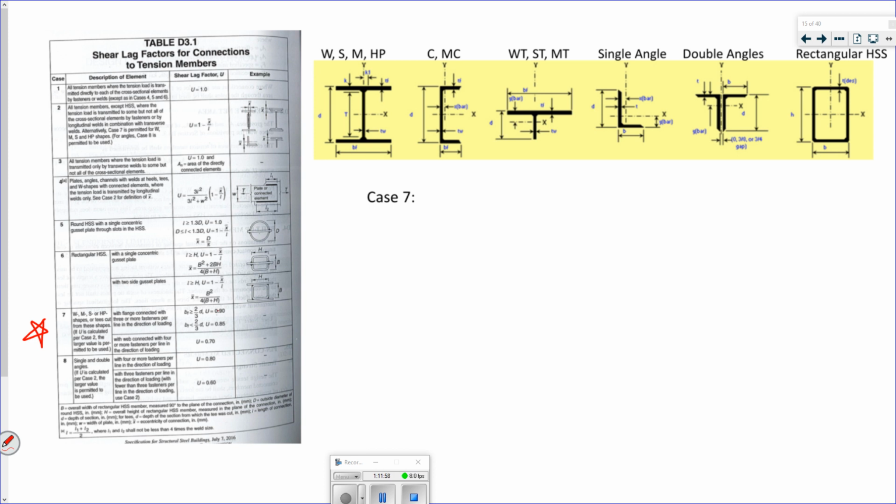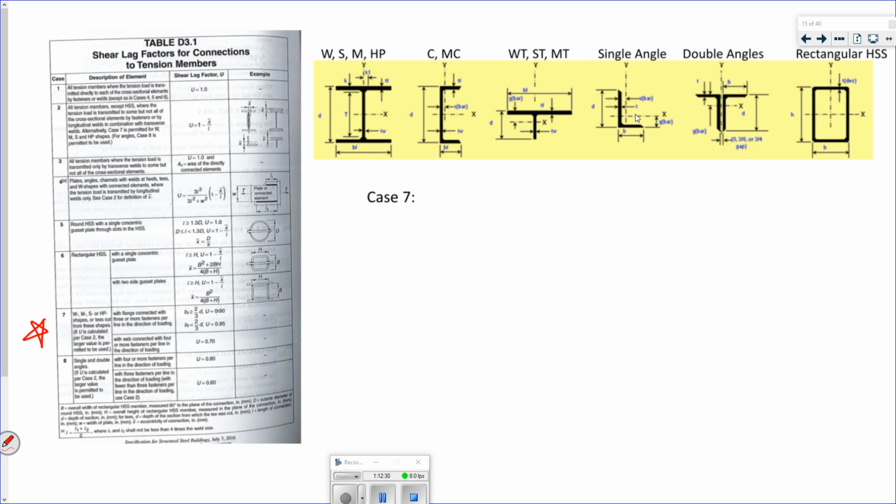So this is basically just a way that if you have 3 or more fasteners in a flange or 4 or more in a line in the web, you can just assume a shear lag factor of 0.9, 0.85, or 0.7. You don't have to calculate it.